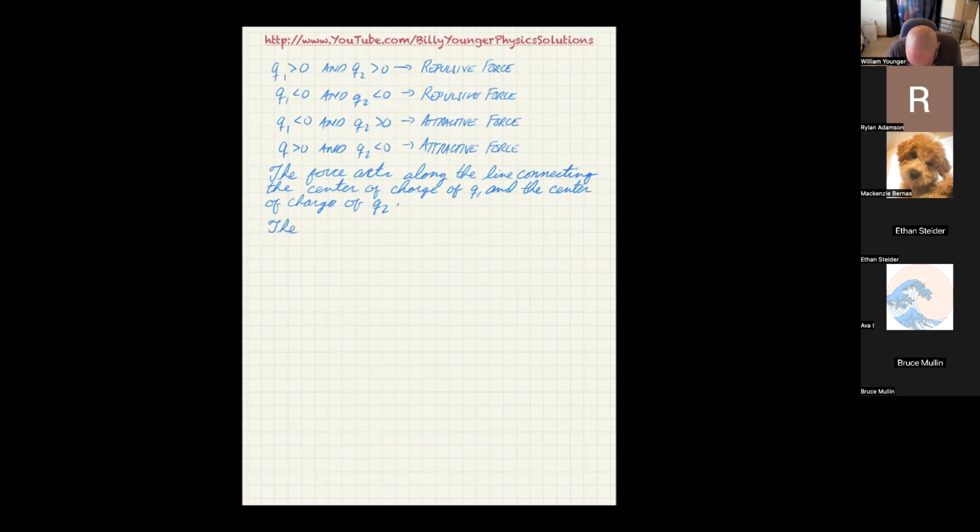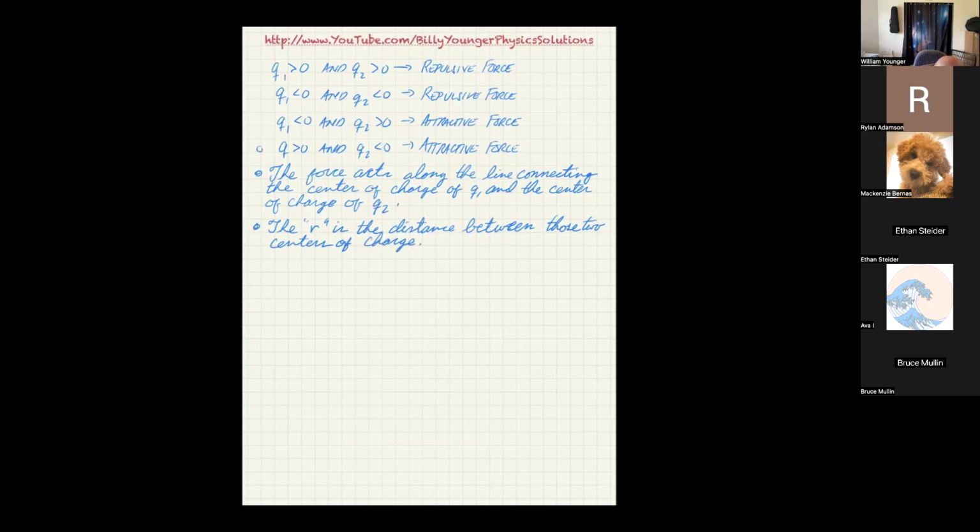The r is the distance between those two centers of charge. Okay, so that's one principle.